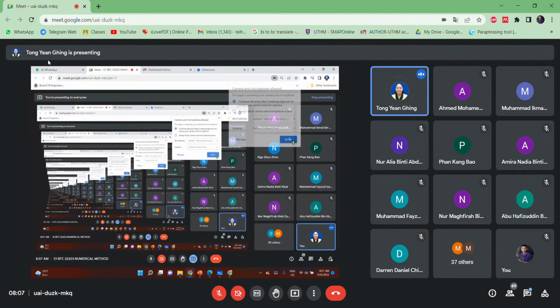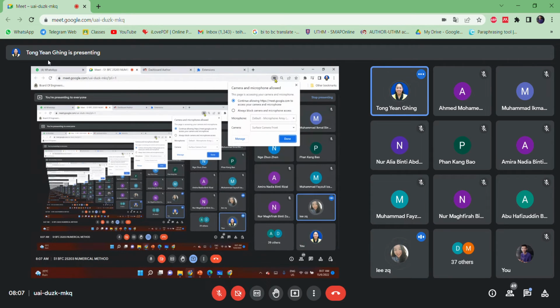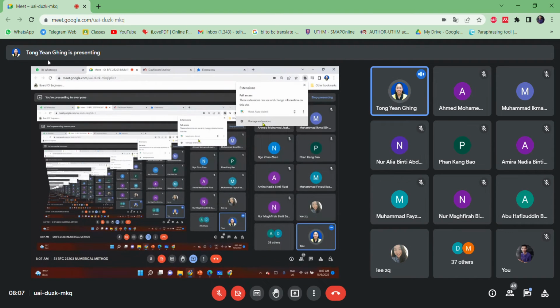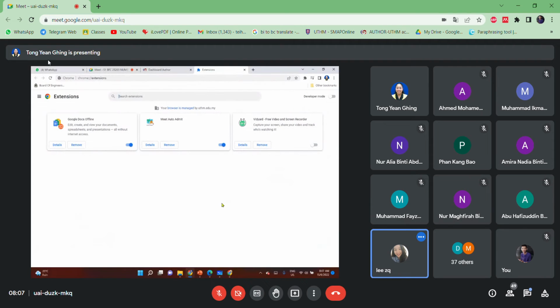So done, and then what should I do? Try to put the icon of a puzzle. This one, and then manage extension. No, that one. You click the blue tick. Where got blue tick? This one.